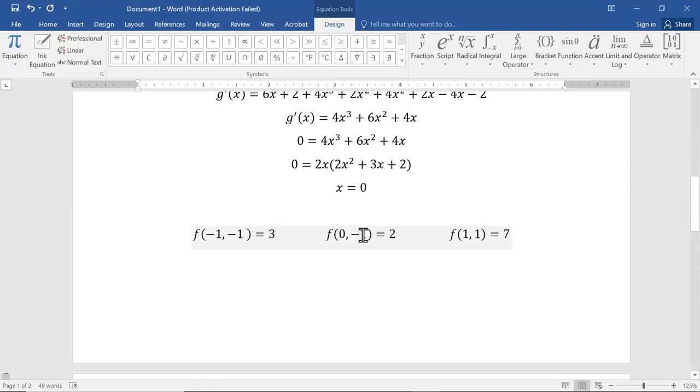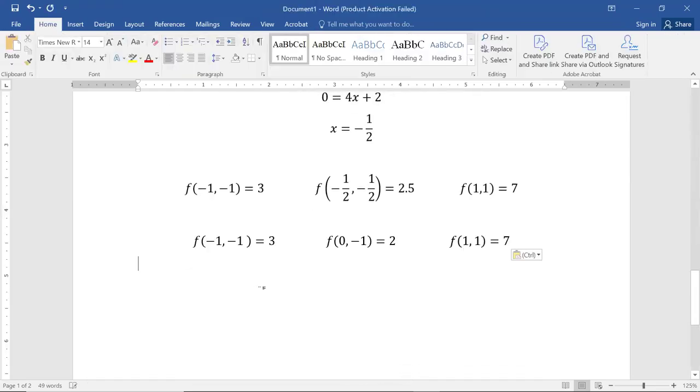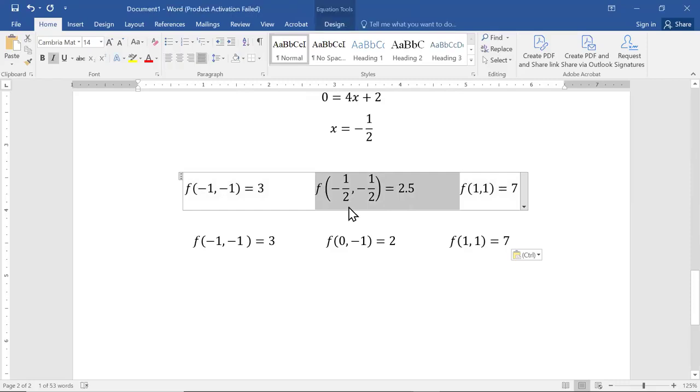We saw that that was along the boundary. That was the critical point along this first boundary. Along the second boundary, we have this. The only really new point that I had to deal with was negative 1 half, negative 1 half.